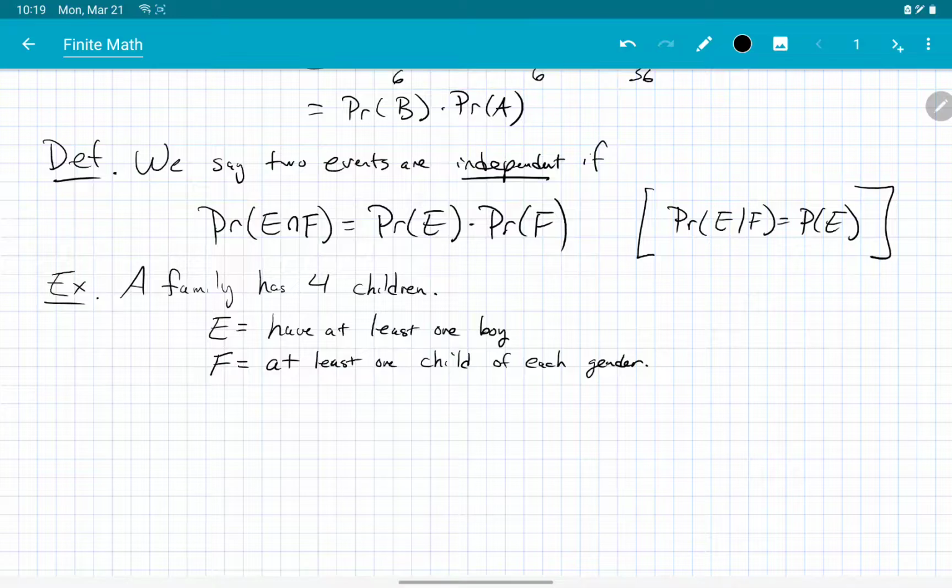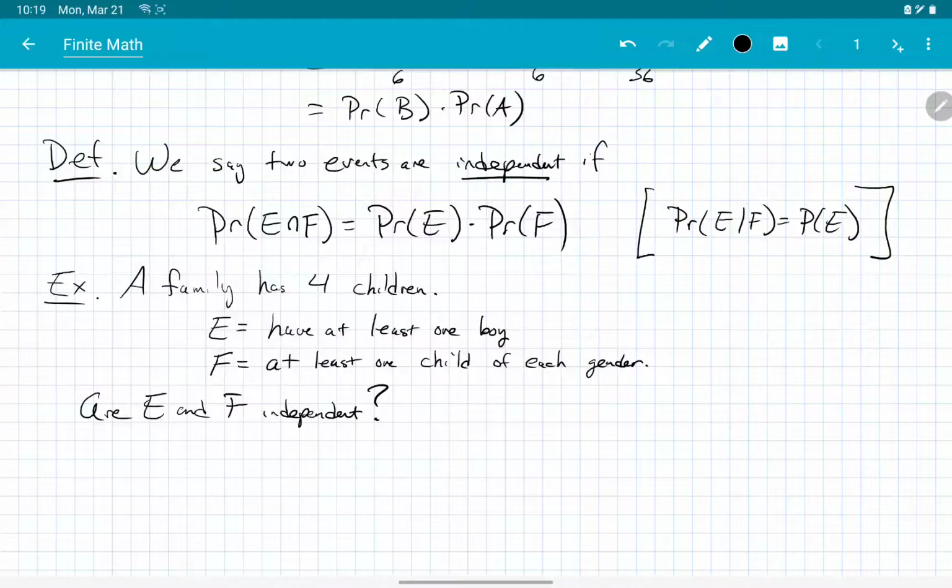So the question is, are E and F independent?